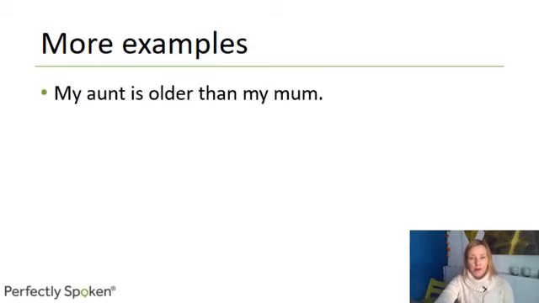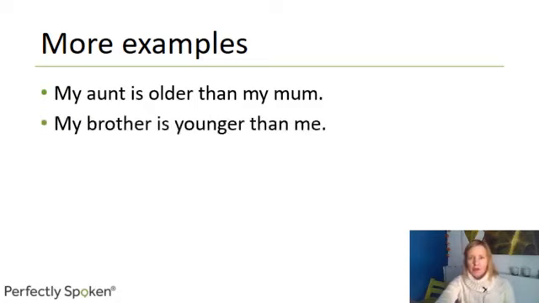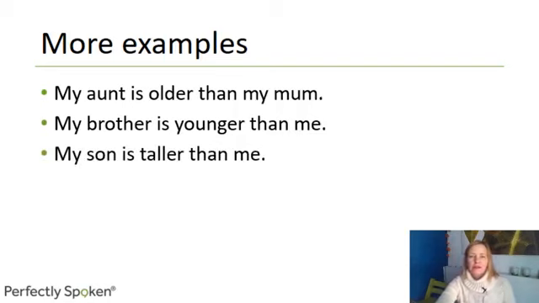So we've got my aunt is older than my mum, because my mum's 74 and my aunt's 81. My brother is younger than me. I'm not going to tell you. And my brother is 2 years younger. My son is taller than me. That's true. He's 13 and he's taller than me.